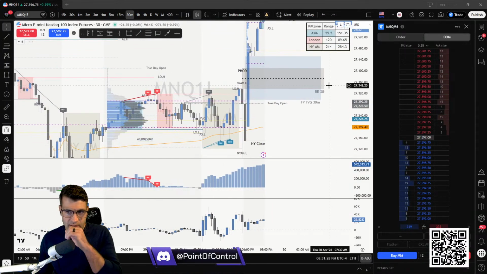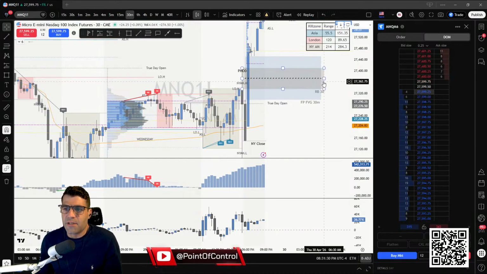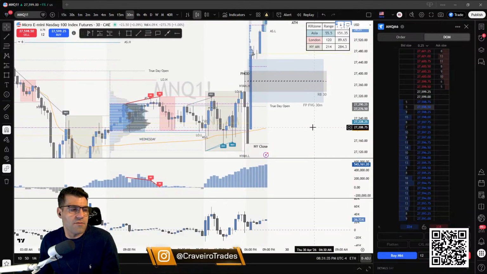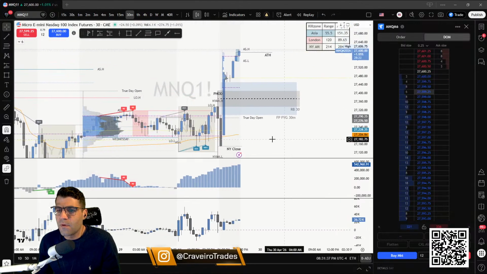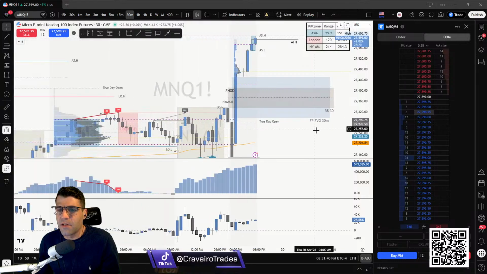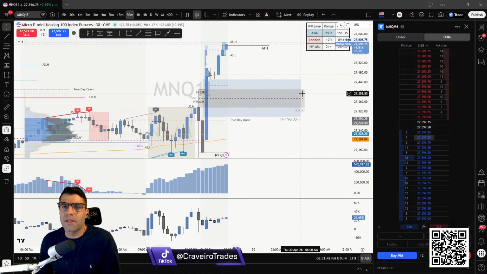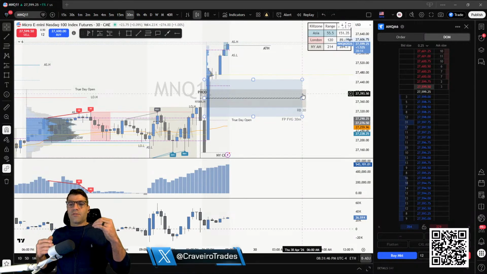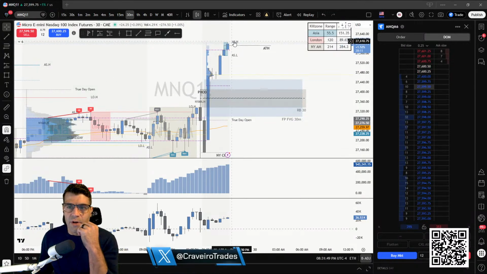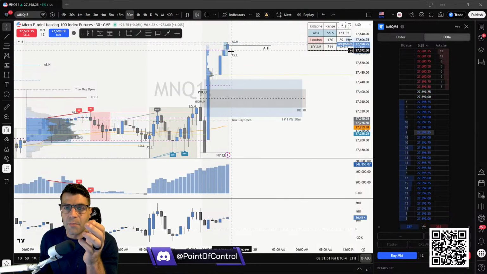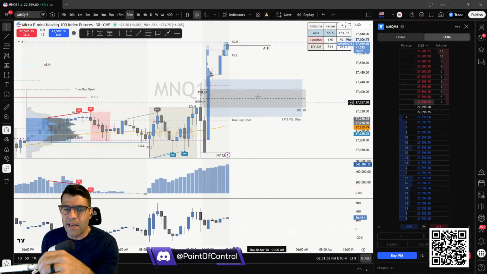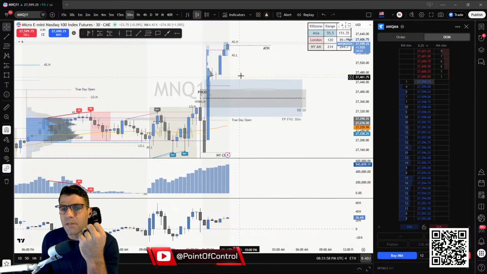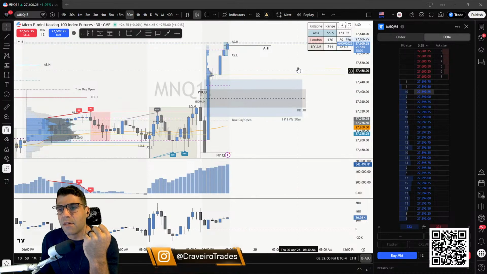The EQ of the rejection block perfectly pairs up with the equilibrium of this 30-minute bullish fair value gap, which is also present that we mapped in our initial analysis. So I think it's pretty obvious that we are bullish. We are in a premium though, so I would entertain shorts back to the point of control to mitigate this 30-minute gap, or I would look for continuation longs out of this area of interest.